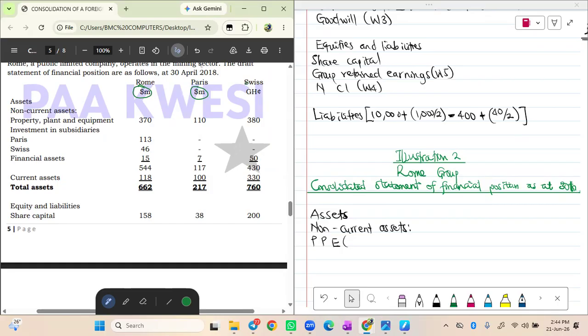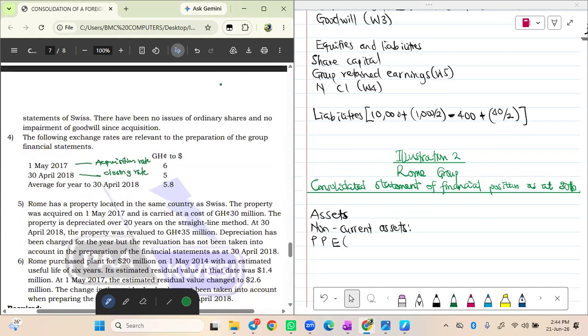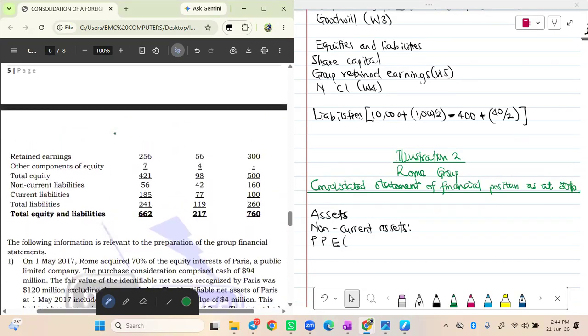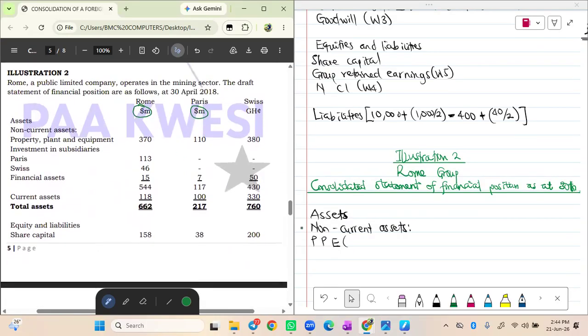So that one, you are going to translate using the closing rate. In this question, the closing rate was 5 and the acquisition rate was 6. So you can do the translation of certain items like PPE and all that. The 370 is in dollars, you don't have a problem. The 110 is also in dollars, you don't have a problem.